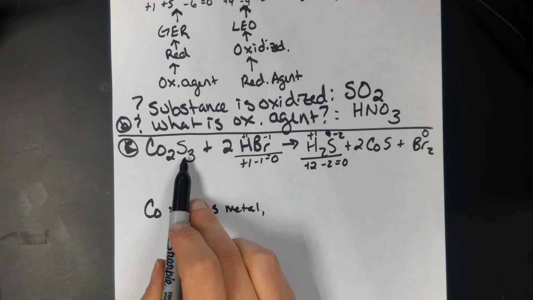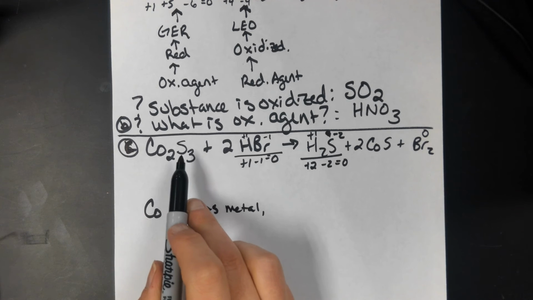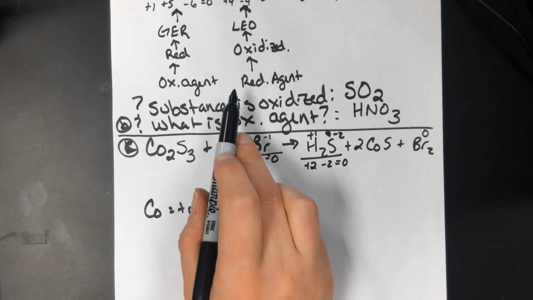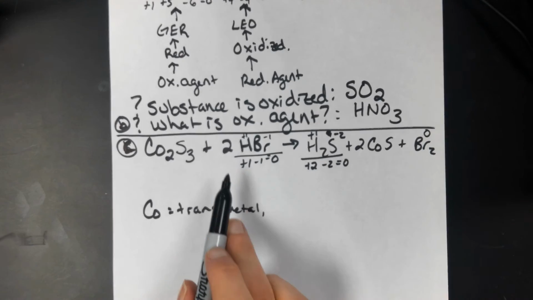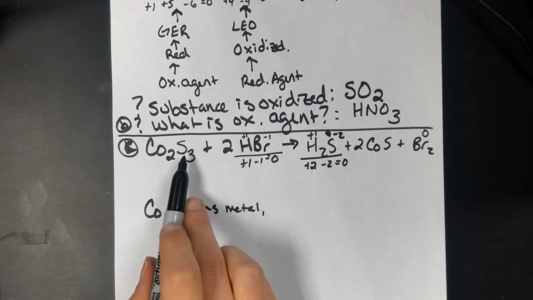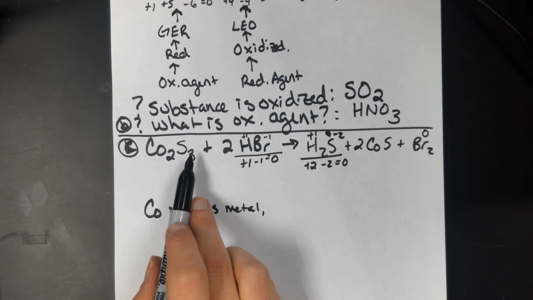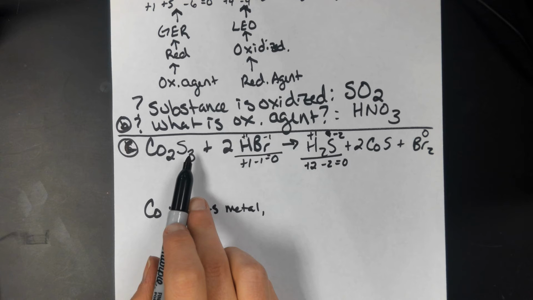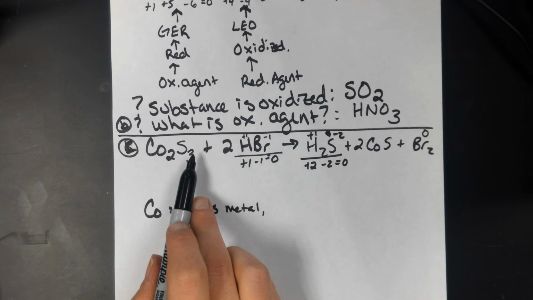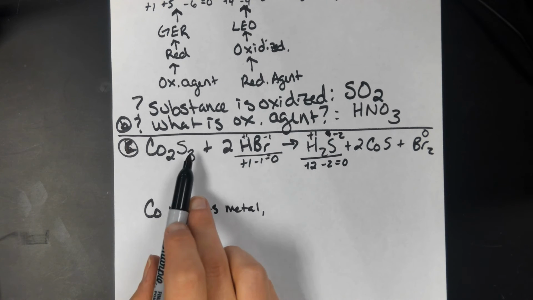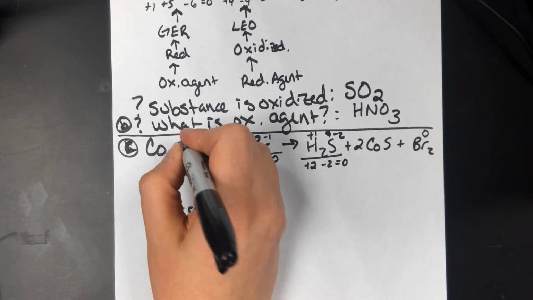Remember how when we're assigning oxidation numbers, we go in order of what we know for sure, what's likely, and then we determine it. Sulfur is under oxygen in the periodic table, isn't it? So sulfur usually has a charge of -2, correct? So its oxidation number will be -2.